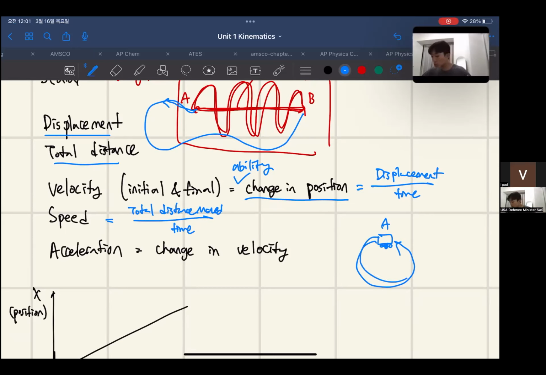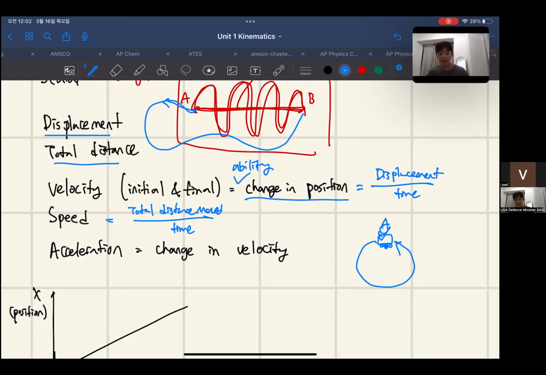Because the total distance moved over a given time of this train would be really high. However, the velocity of this train would be terrible, because displacement is where you started and where you ended. Now, if you calculate the displacement, it will be zero. You start at this point and you end up at this point after rotating one route. So in terms of velocity, this train is very slow, whereas in terms of speed, this train is very fast.